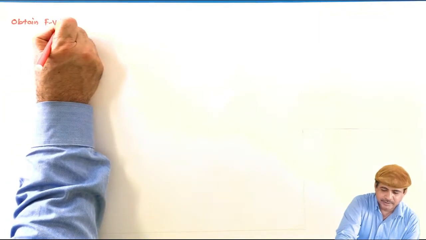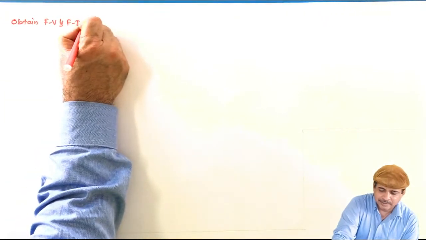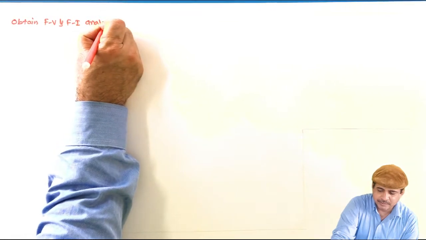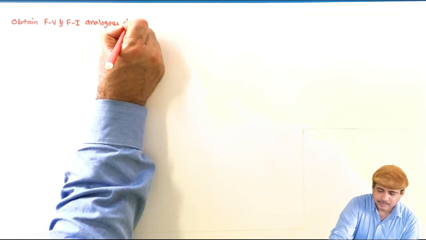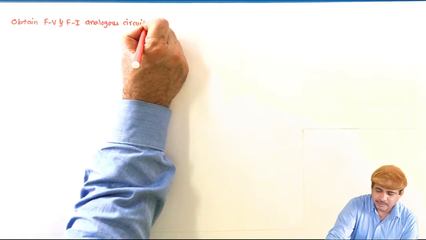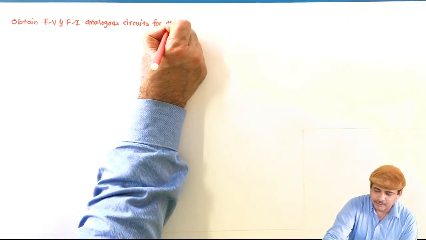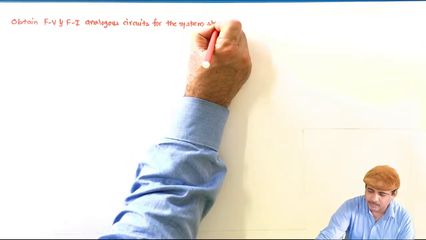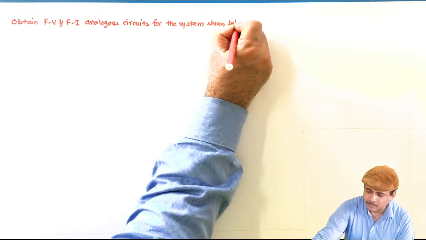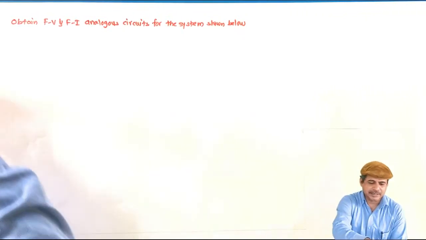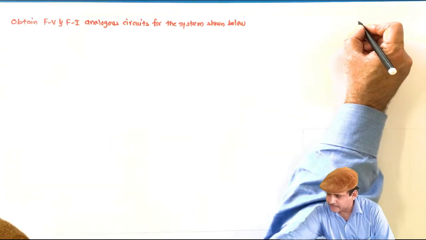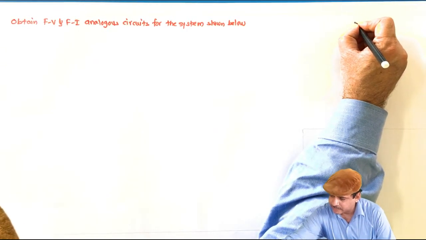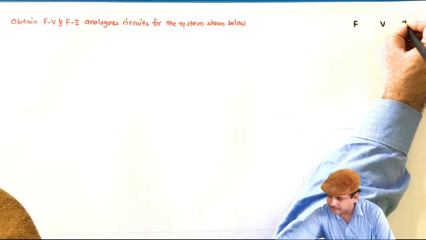Obtain the F to V and F to I analogous circuits for the system shown below. For our understanding only, I am writing here the F, V, I analogy.